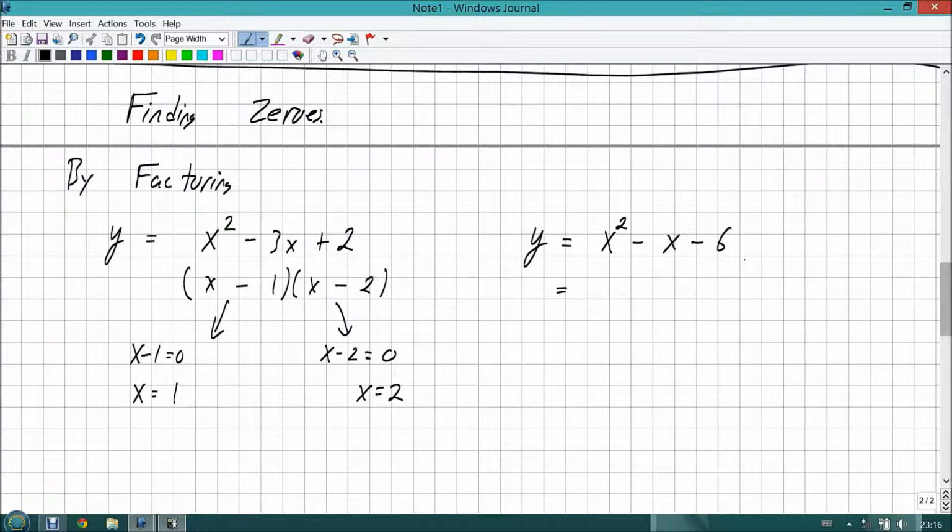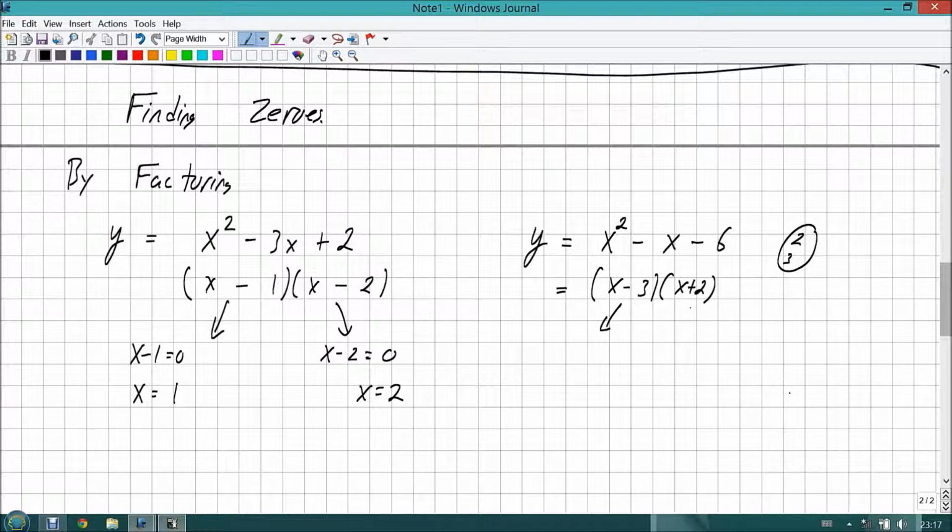Now, the factors of 6 are, of course, 1 and 6, which have a difference of 5, so those don't work. And then 2 and 3, which have a difference of 1, so those two work. So I know it's going to be 2 and 3, I also know that the larger number is going to be negative. So the 3 is going to be negative. So we have x minus 3, x plus 2.